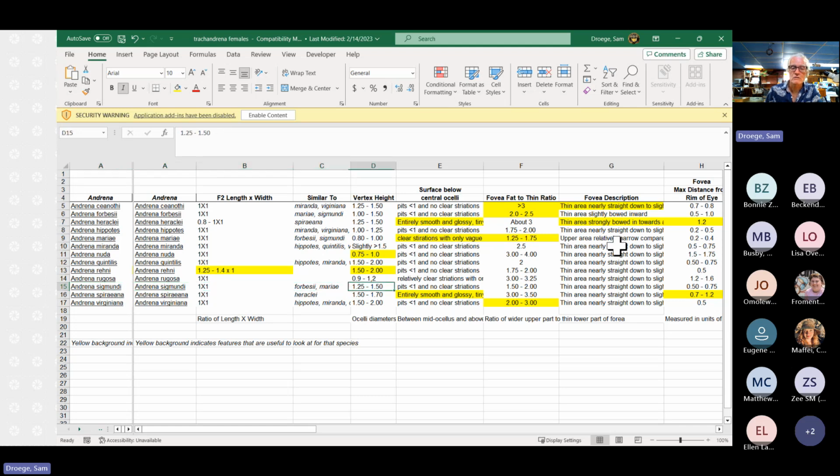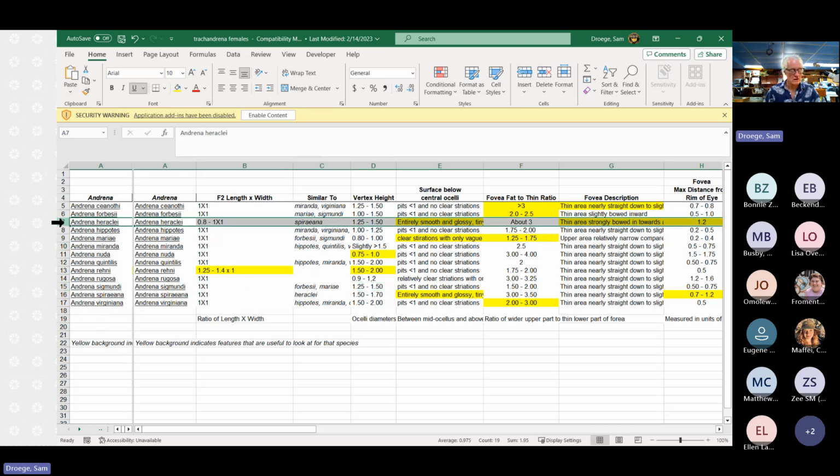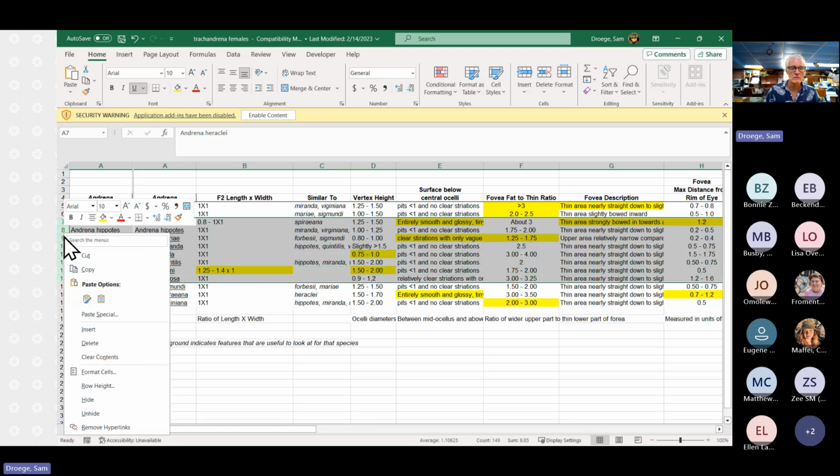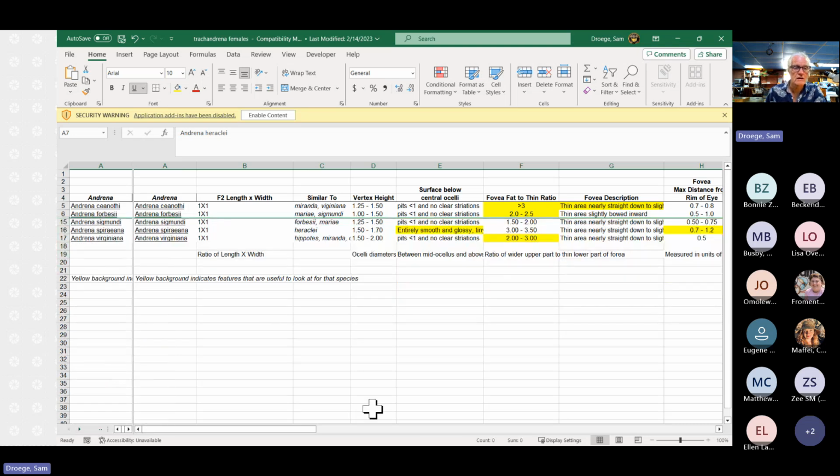If we look across here, you can do things like, let's see, we want to look at Forbesii. Let's highlight everything between Sigmundi and there, right-click, and hide those rows. You can do this as you work through this worksheet.